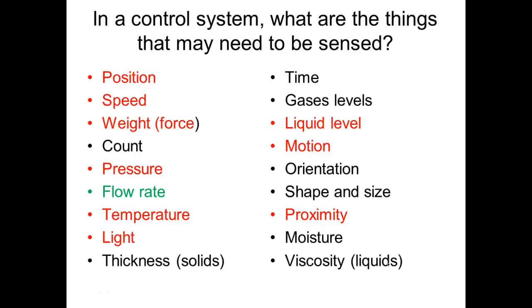Otherwise there would have to be a person out there looking when something was in a certain position. If we can turn that over to electronics, then we can process that with computers, which is what these PLCs are.